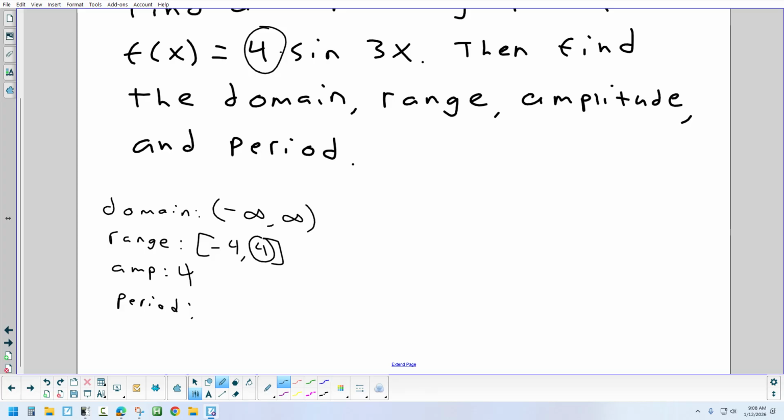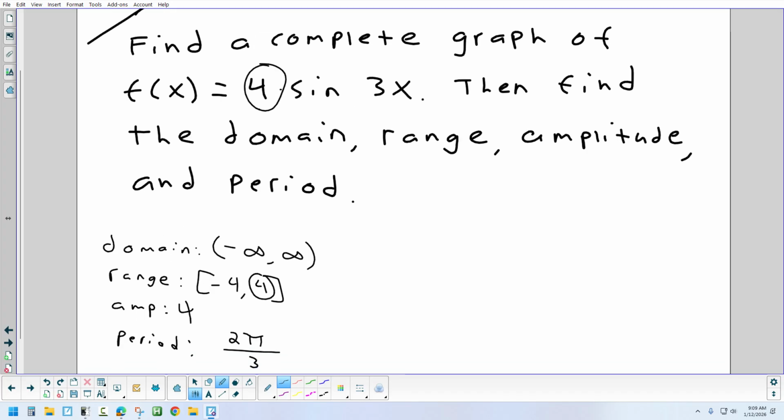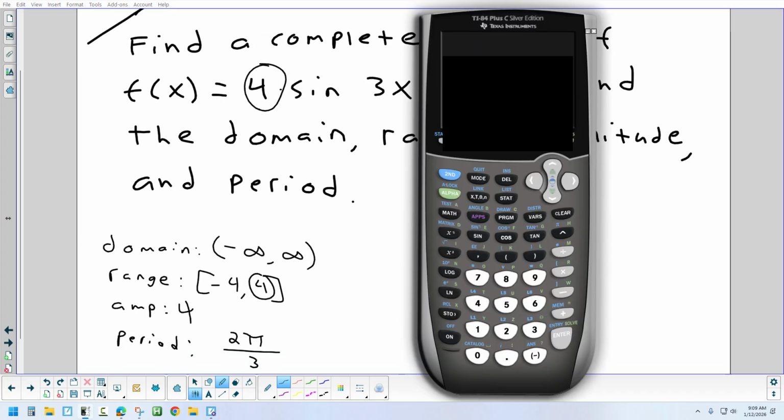Yes, T equals 2 pi over b, but what's b in this case? Yep, 3. So the original cycle was 2 pi. We've now compressed that by a factor of 3. It's 2 pi over 3. All right, so let's graph it and confirm everything we just did.